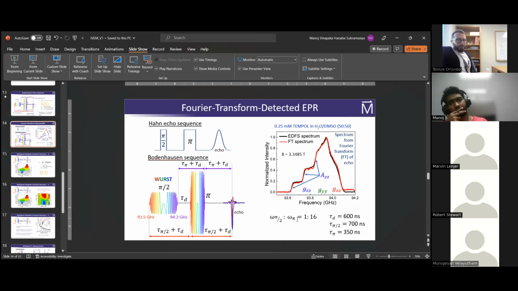Okay, I have a question. What is your B1 homogeneity of the sample? Can you irradiate the whole sample? Well, it's not homogeneous. Right.